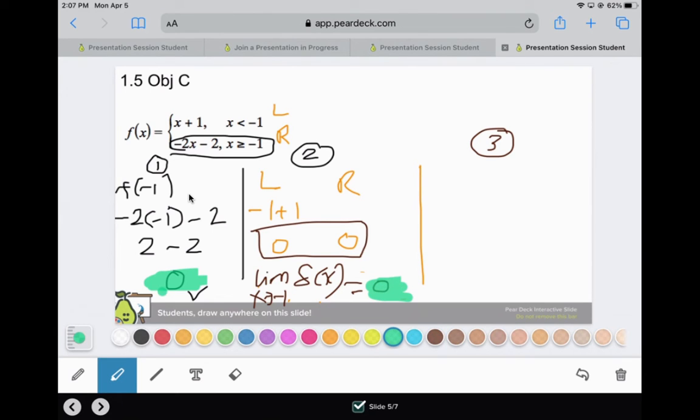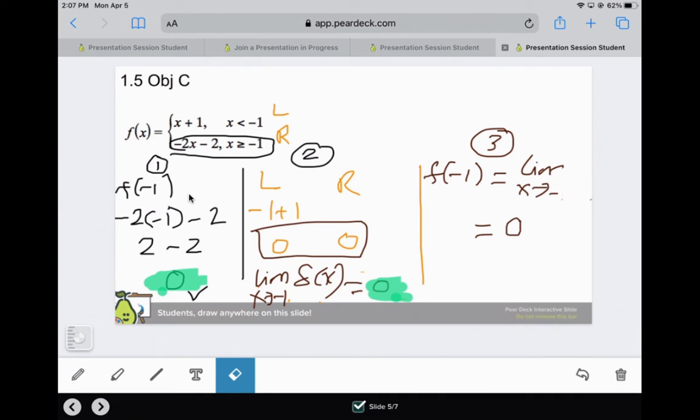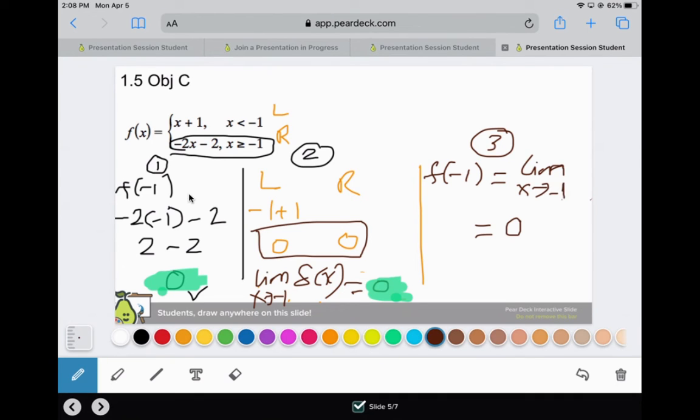So step 1 and step 2 are equal. That means the function is continuous. So I can say, this is the proper way of writing it: f of -1 equals the limit as x approaches -1 of f of x, which equals 0. I'm going to try to rewrite this so you can read my handwriting a little bit better. Okay, so now f of -1 equals the limit, but they both are 0.